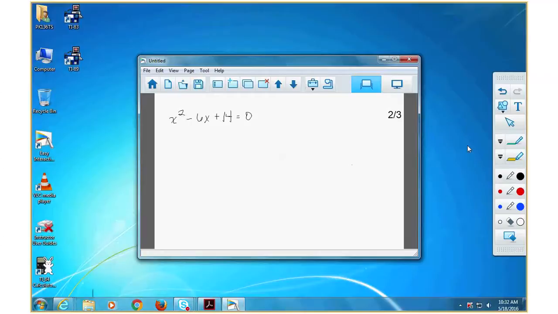Let me try this. Let me do a source search and see if that works. Just bear with me, people. See, it's not even working. It's supposed to be reading off the computer. It says no signal, plug into HDMI.